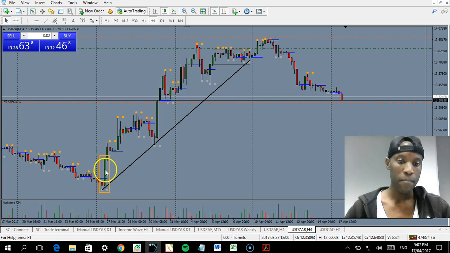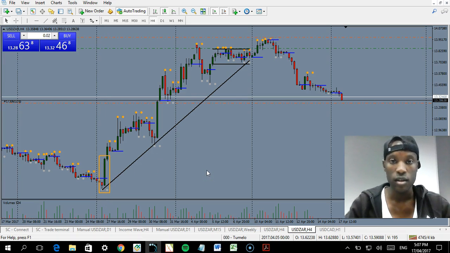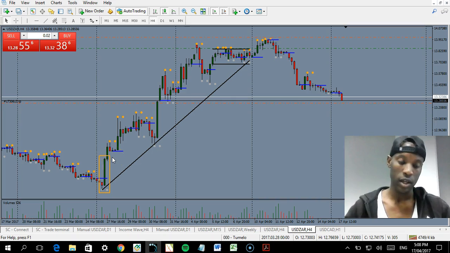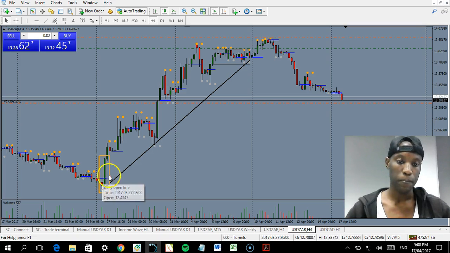At this moment in time, the news, unfortunately, was that our ex-finance minister was sacked by our president. Now, when this happened, it was clear that the market reacted to this and that the market sentiment was clearly changing and that the rand was starting to weaken and we had a bullish market sentiment for the USD ZAR at this point in time.